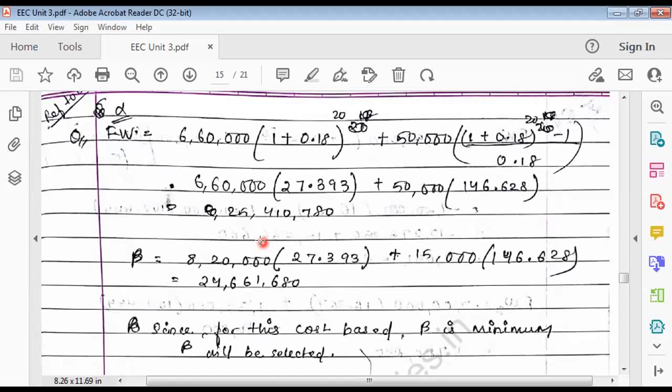And remember, this is a cost-based case, and that is why the Dixon rule we have already discussed. The Dixon rule says the project with the minimum FW amount should be selected. And since we find that FW beta is less than FW alpha, we will have to select beta because it has the least FW amount between the two.